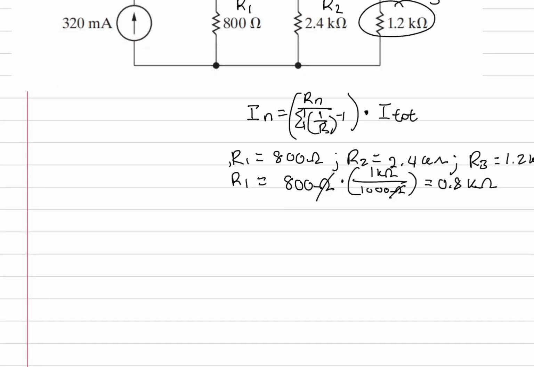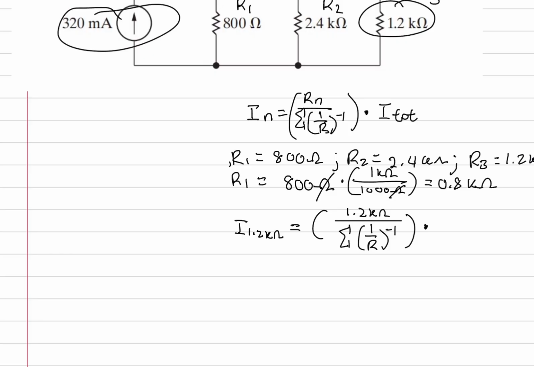Now let's plug into the equation. So we're interested in I 1.2 kilo ohms, and then we know that Rn is 1.2 kilo ohms. We need to find the sum of all the parallel resistors. And we know the current that runs through the entire circuit, which is 320 milliamps.